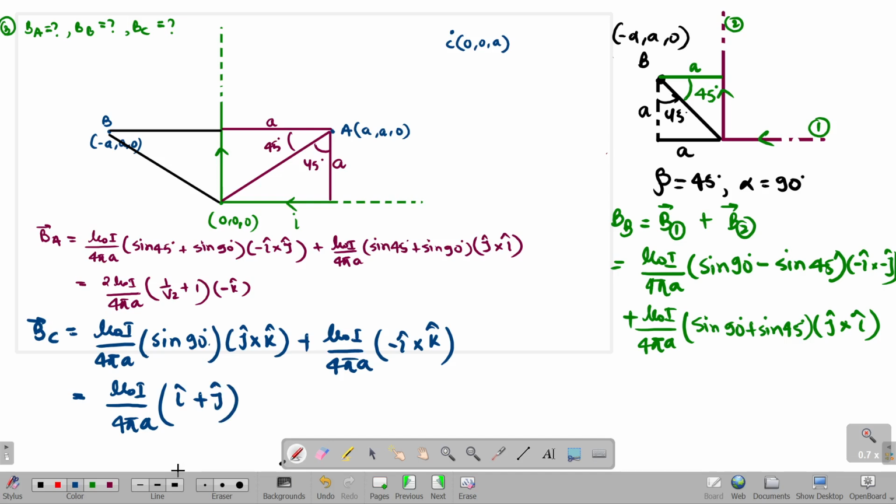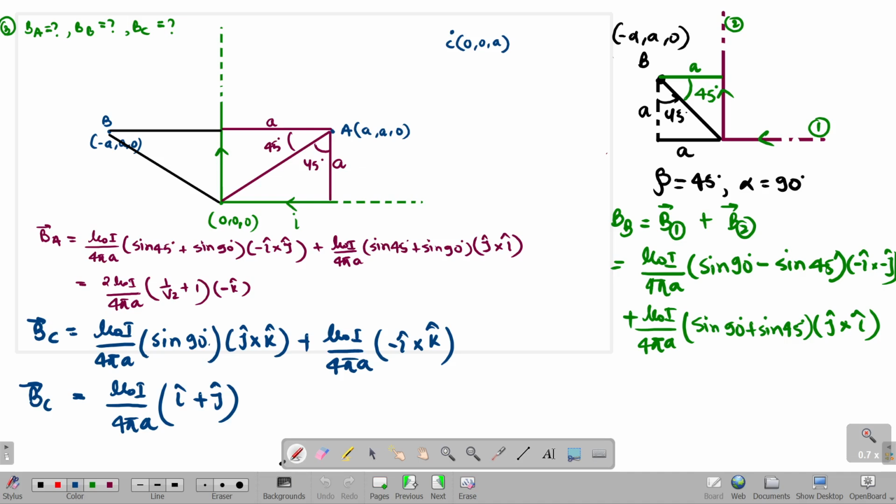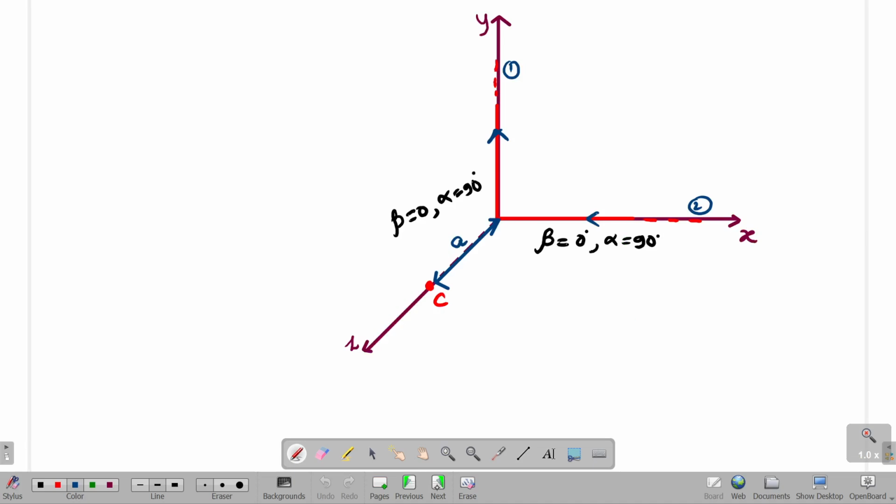So plus J. This is your magnetic field at point C. I'm telling you one thing, always follow this principle: consider alpha and beta and then write L cap cross R cap, which will give you a clear idea. Okay. Is this clear? Can I move ahead? Okay.